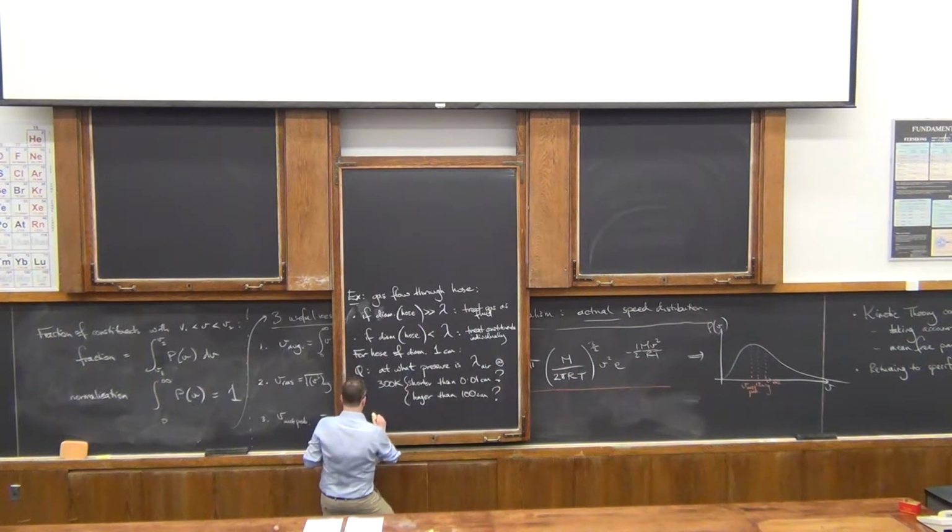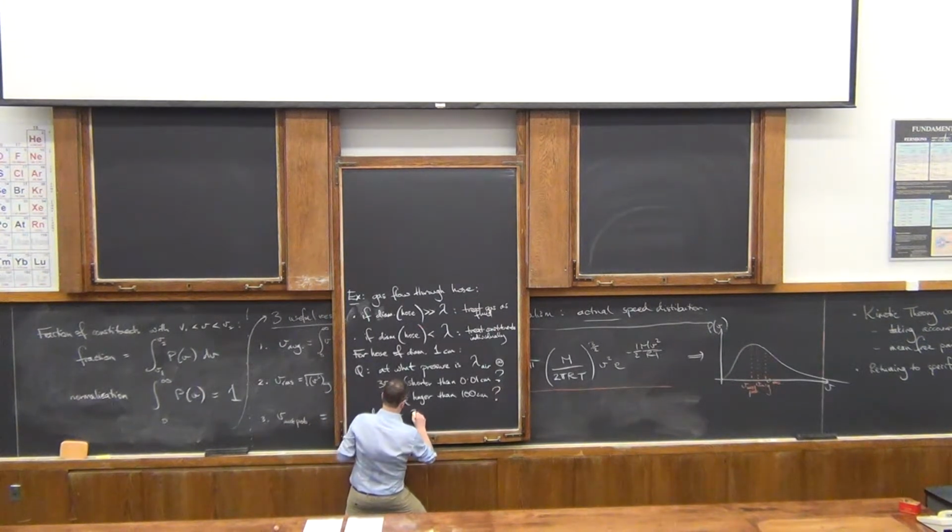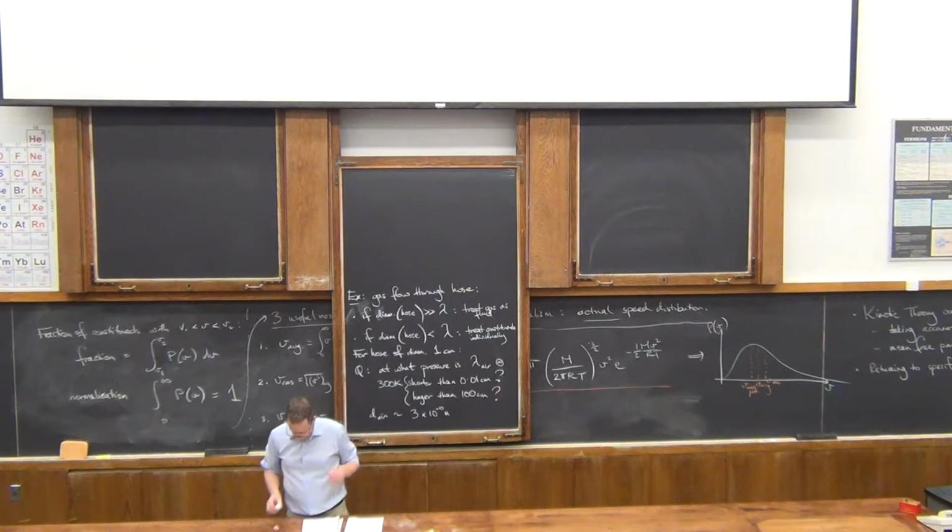And I'm going to give you the diameter of an air molecule as d times 10 to the minus 10 meters. Okay, so it's just a ballpark calculation.